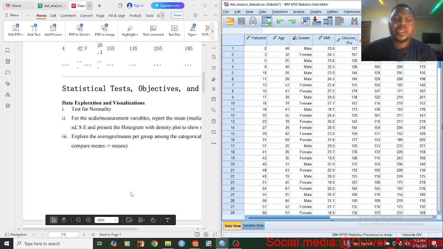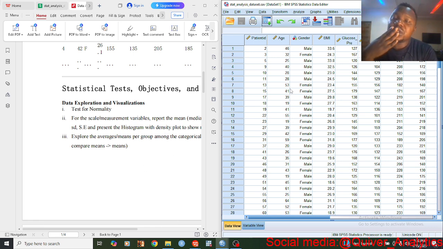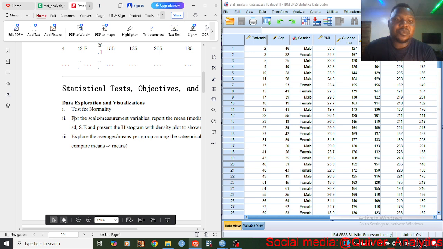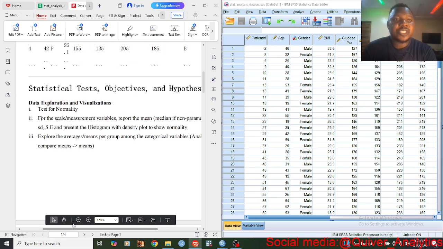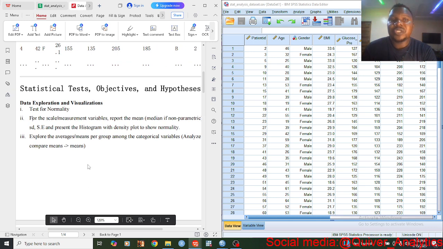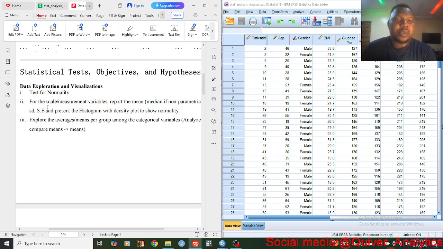The objective is to take you through the process of producing a publication-worthy data analysis, and not just that, but the procedure of going about your data analytics. Whatever you want to do, you test for normality. That's one of the first things you do.